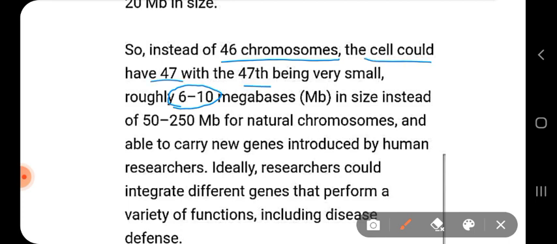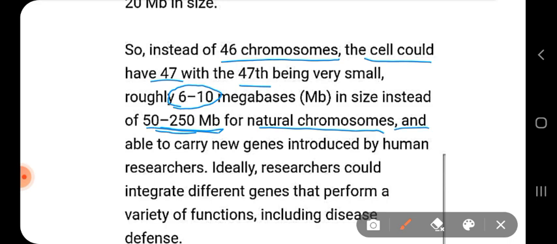The 47th chromosome is a microchromosome, which is your human artificial chromosome. Generally, natural chromosomes contain about 50 to 200 megabase pairs. But the microchromosomes that we are preparing for human artificial chromosomes are roughly up to 10 megabase pairs.